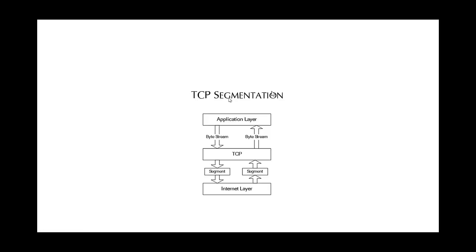Segmentation. For outgoing data, TCP accepts a continuous stream of bytes from an application layer protocol and divides it into TCP segments, which are sent to the internet layer, where they are encapsulated into packets. For incoming data, the process is reversed, as shown on the screen.